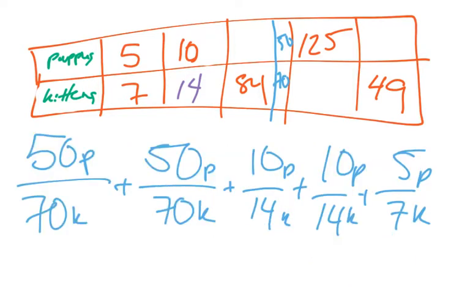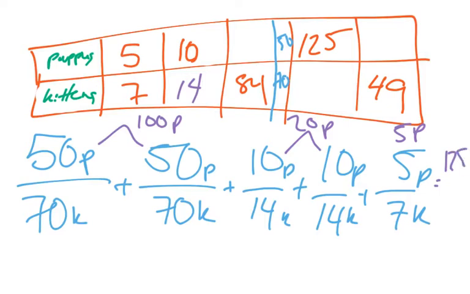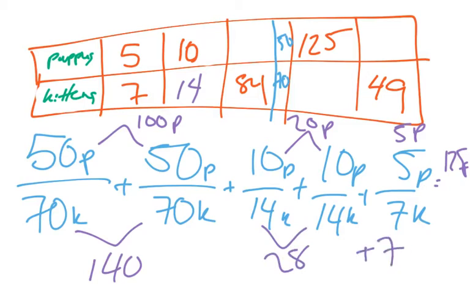Now that I have my 50 to 70 ratio, I can add quickly to get 100 puppies plus 20 puppies plus 5 more gives me 125 puppies. 70 and 70 is 140 plus 28 plus 7. 28 plus 7 is going to be 35 plus 140 is 175.